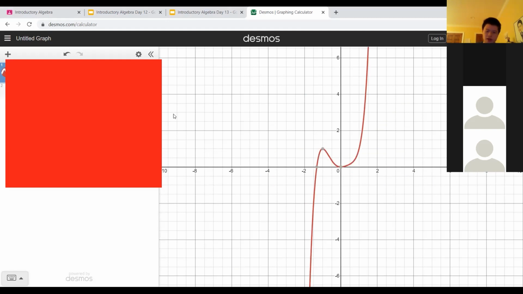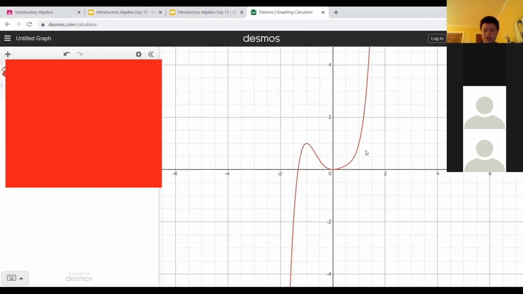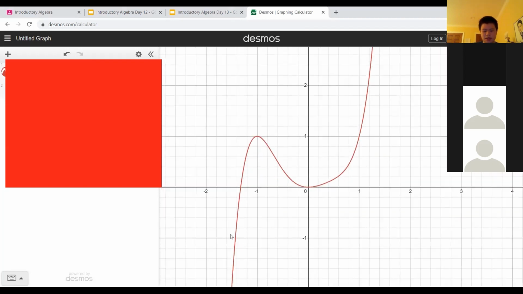Okay, so we have our arbitrary function. It's squiggly. So let's call this function f(x), so f(x) equals y produces this.